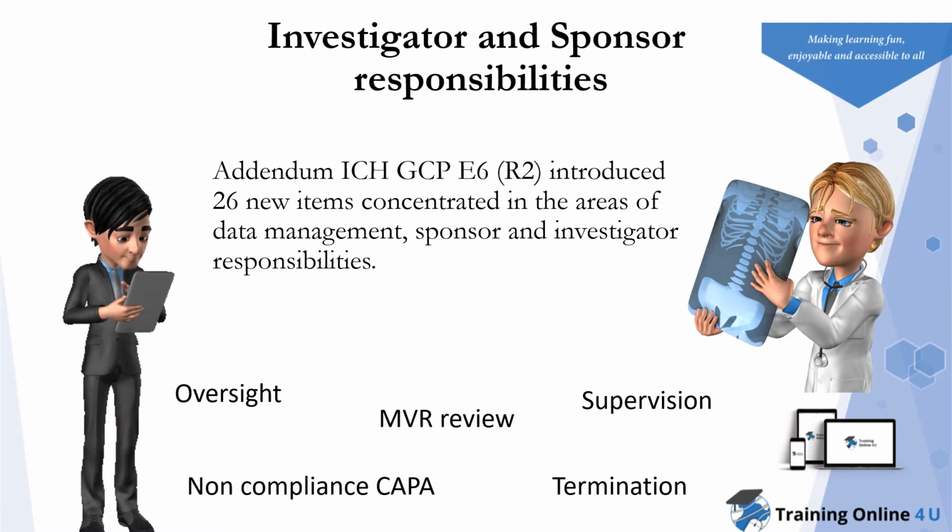This section has been amended to include responsibility for oversight of anyone whom they have delegated to any task at the site. For example, the sub-investigator, the nurses and the laboratories. Supervision. Investigators are responsible for supervising any individual or party to whom they delegate trial-related duties and functions.